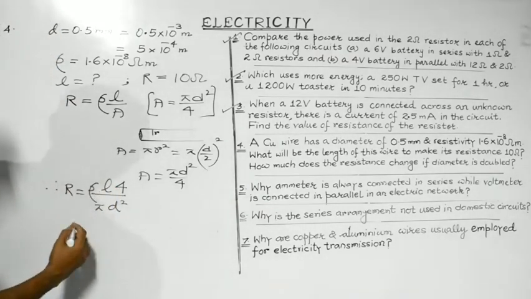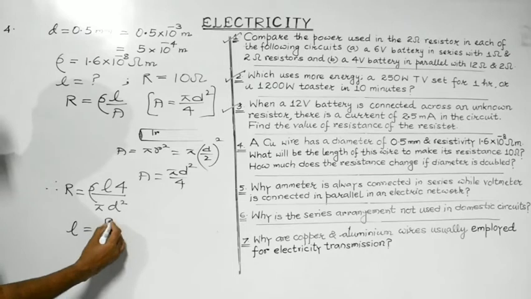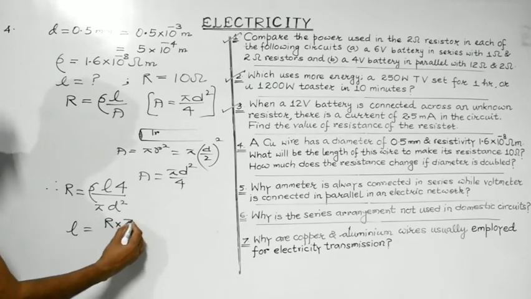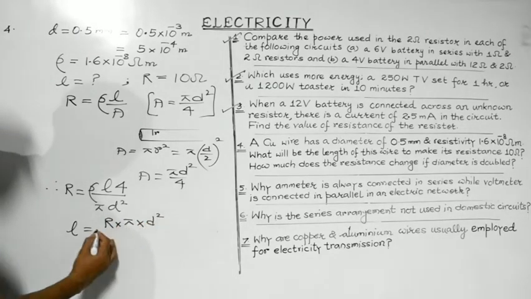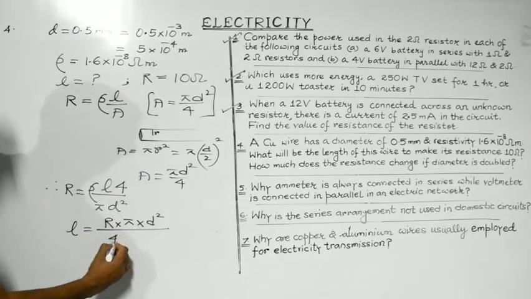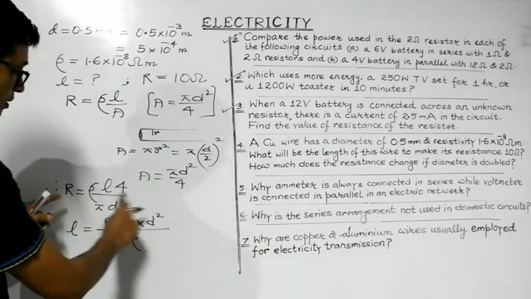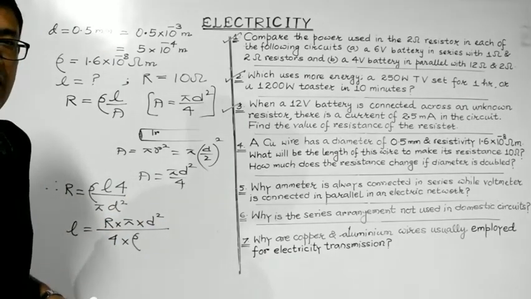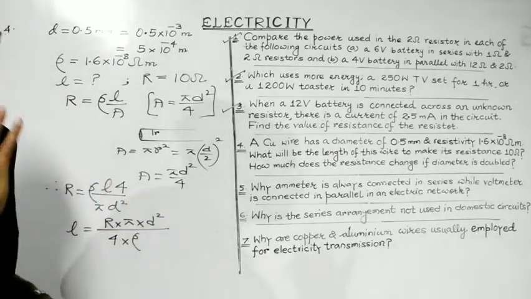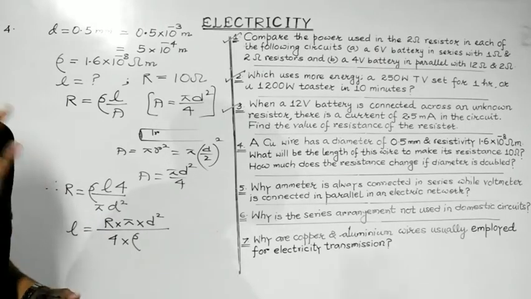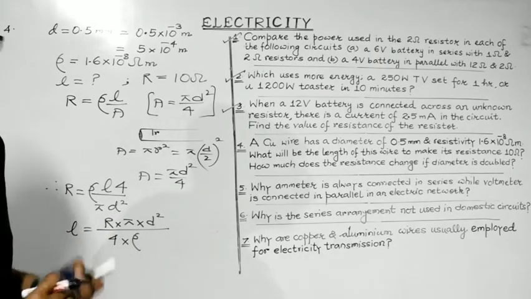So L is equal to R into pi into D square divided by 4 into rho. So students, first prepare or form this formula, and in the last step try to substitute the given values. That should be the approach while solving a numerical, right?